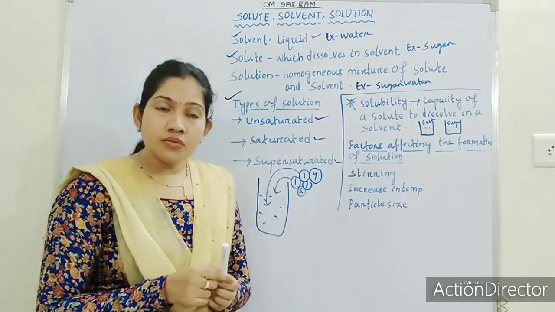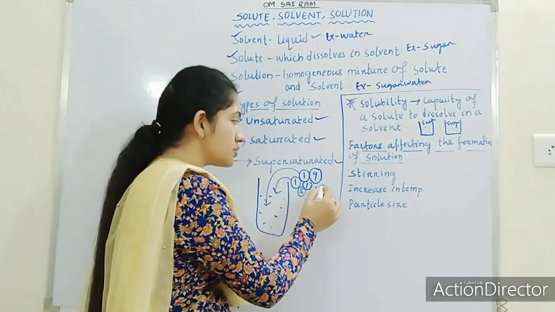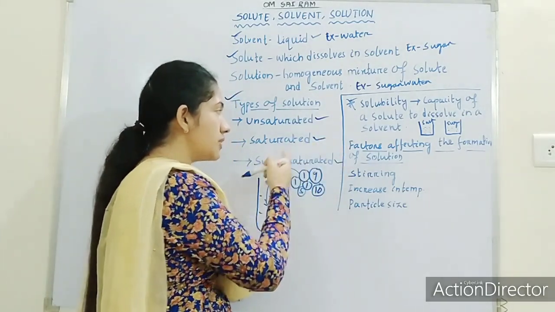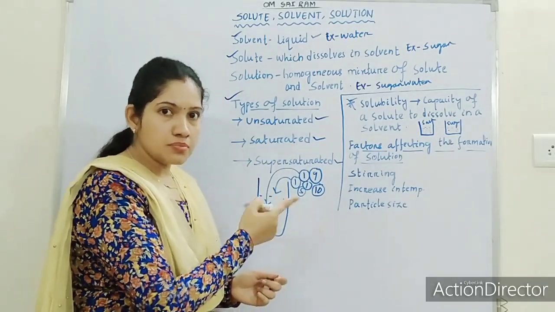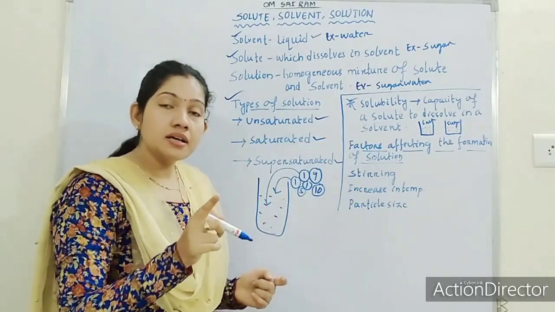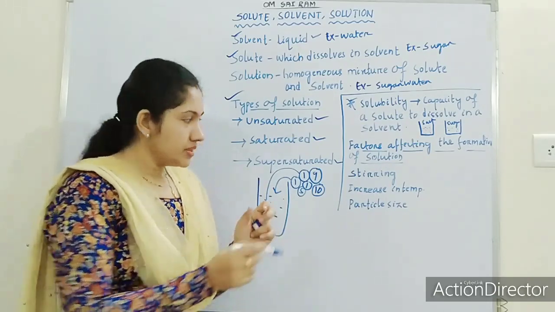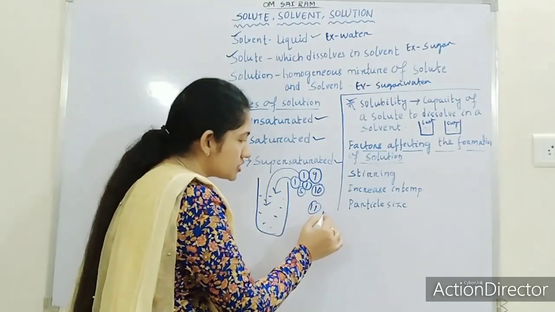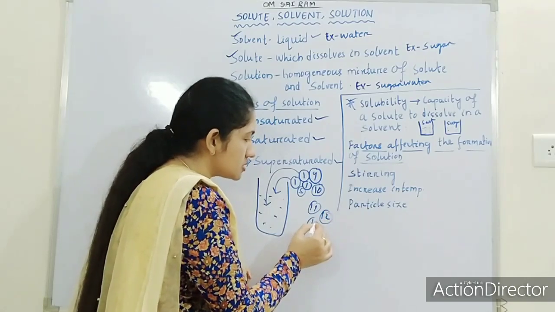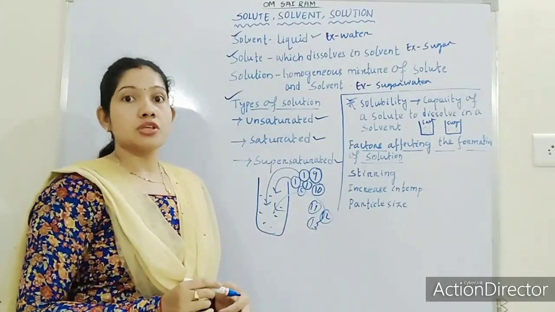You can observe after the 10th teaspoon, the solution will attain the saturated form, means again it will not take. But if we give some temperature to it, then again the 11th teaspoon, 12th teaspoon, 13th teaspoon it will take.